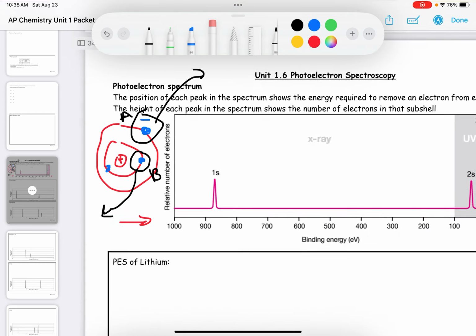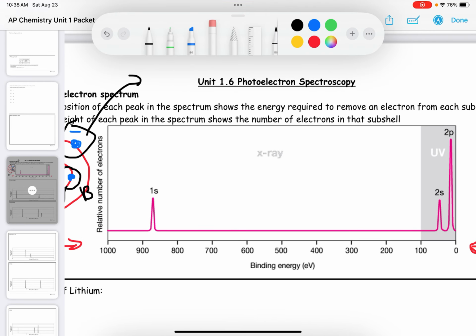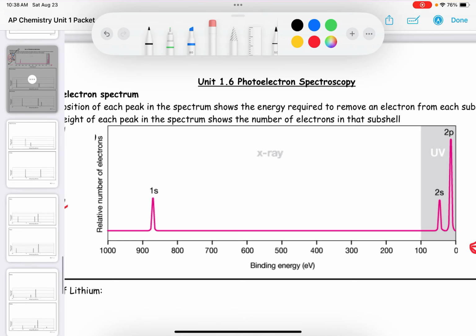Great. So that is the reason why this axis is flipped. Think of it as the nucleus is over on the left here. Okay.